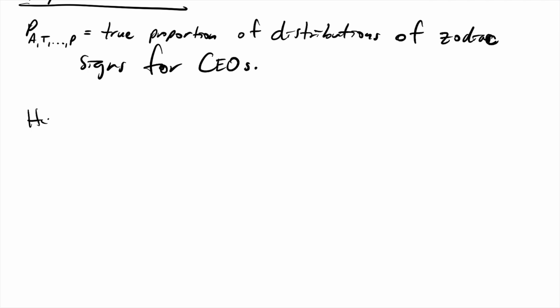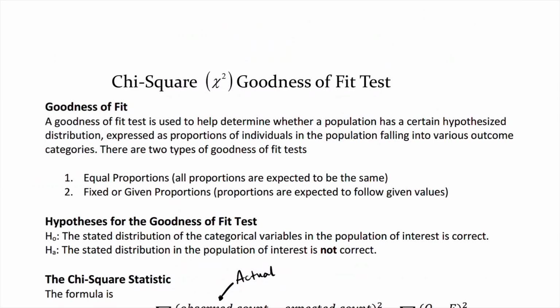Okay. Next is hypotheses. We have the null and the alternative. Okay. Doesn't the prompt say the null hypothesis?